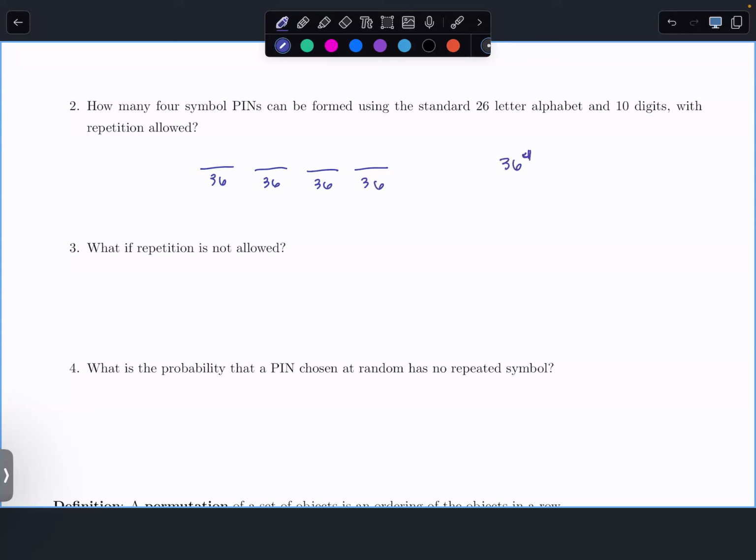So in WebAssign, you're not going to get to write 36 to the 4th. You're going to have to do it by hand. Make sure you show your work.